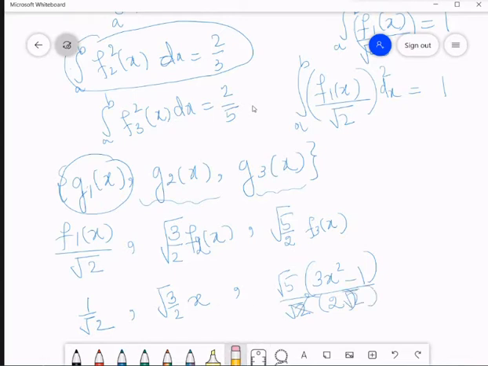It won't simplify further. So here I'll just erase this part. So this becomes 2 square root 2. So this set of functions has now become an orthonormal set of functions. Okay. Is this fine? Now next one.